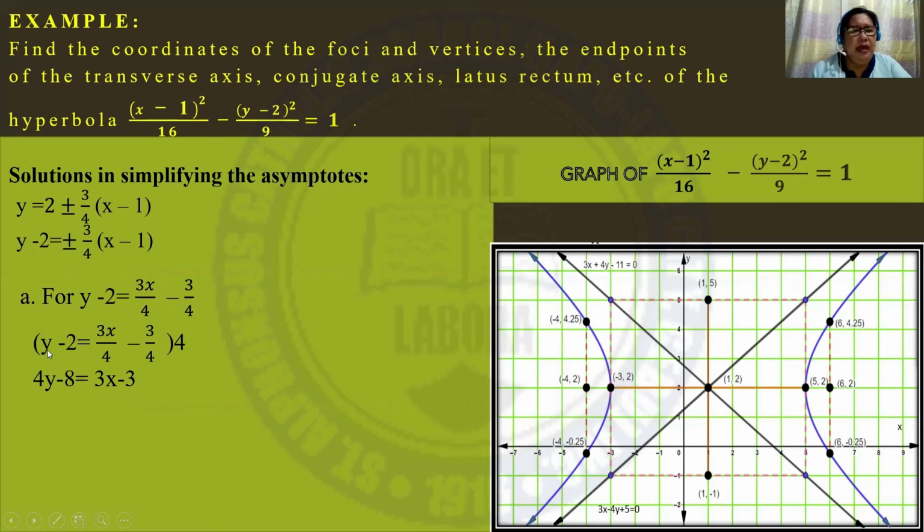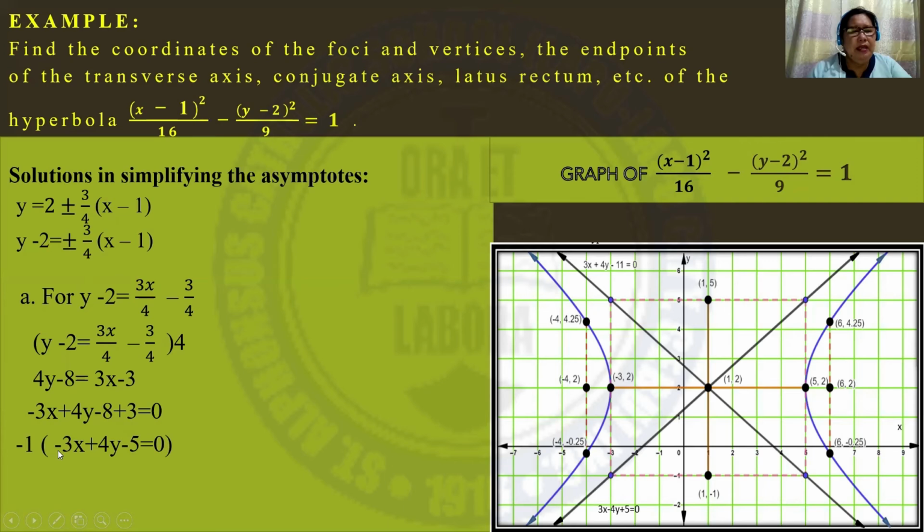So, what we have is 4 times y is 4y, 4 times negative 2 is negative 8. Cancel 4 here, so what we have is 3x. 4 and 4 here will be cancelled, so what is left is 3. And then transpose 3x here, so we have negative 3x, copy 4y, copy negative 8, transpose negative 3, so it's positive 3, equated to 0.